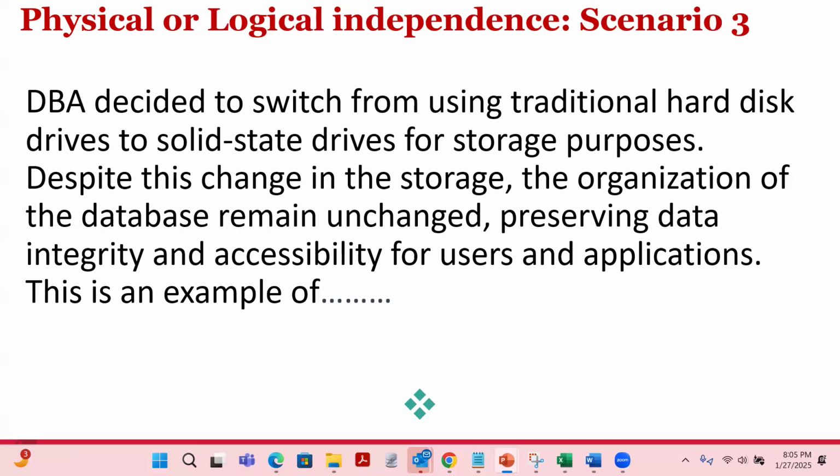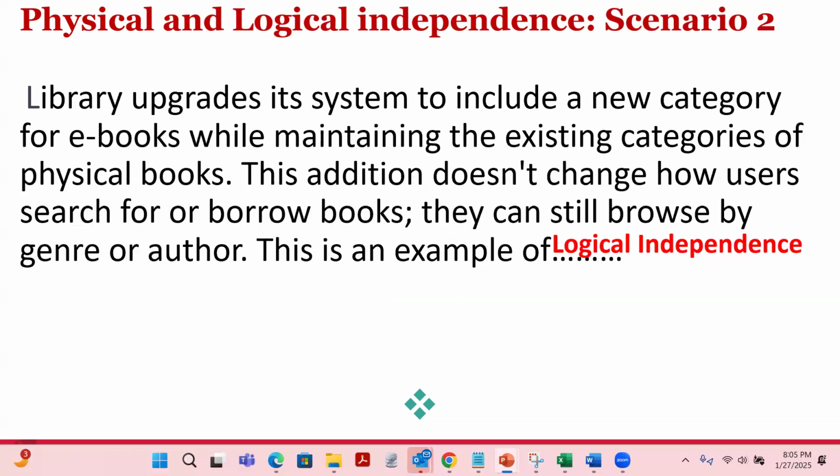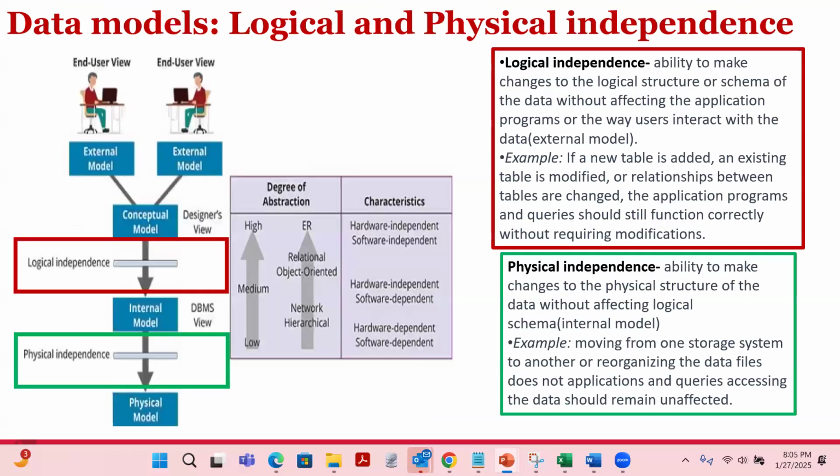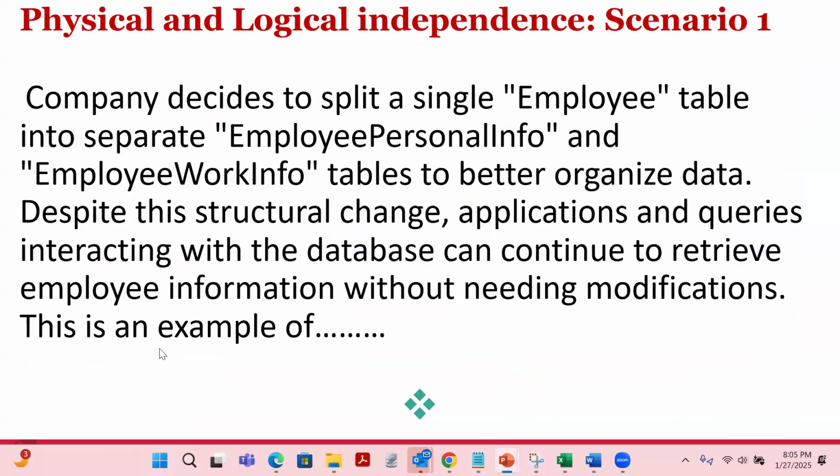All right. So this scenario will be physical independence because we are modifying the physical data model, and this change to the physical data model does not affect the internal data model. So the internal data model stays unchanged. So that is the physical independence.